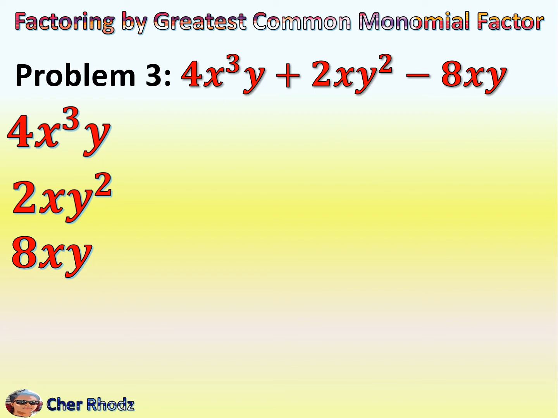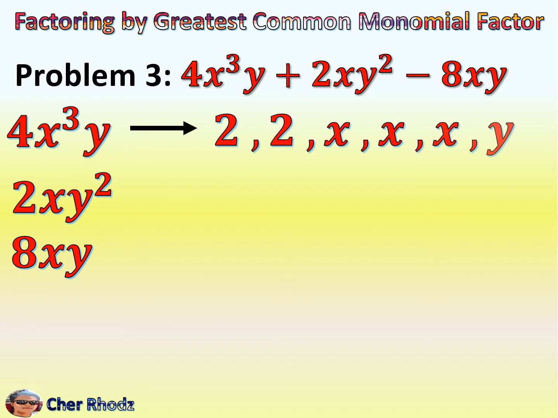Let's start with our first term. What are the factors of 4x cubed y? The factors are 2, 2, x, x, x, and y. How about our second term, which is 2xy squared?